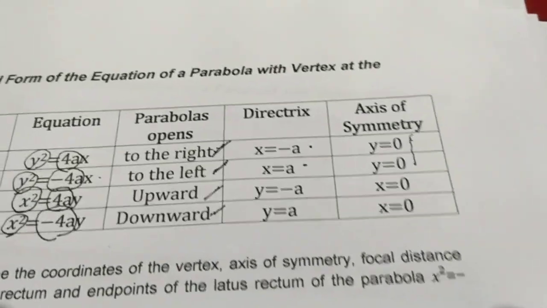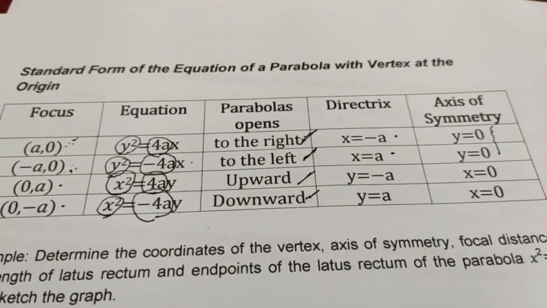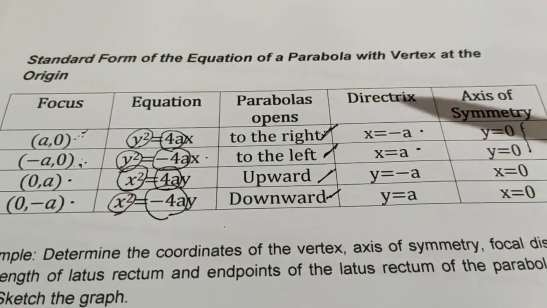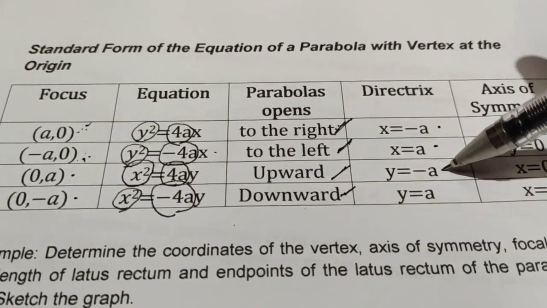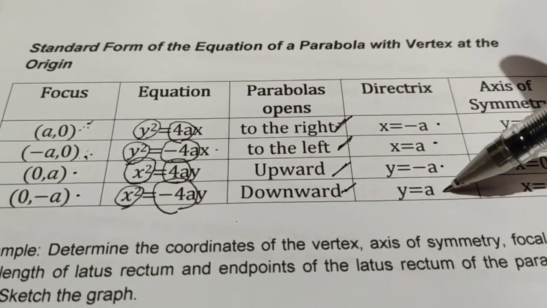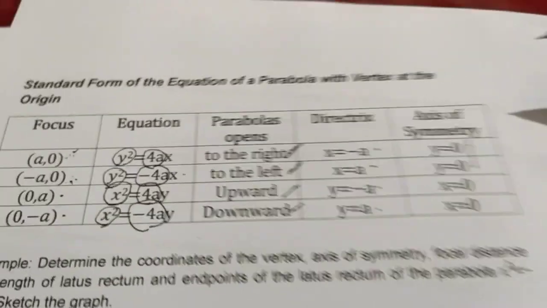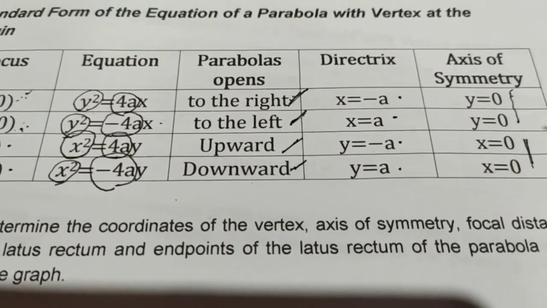While the directrix of the parabola that opens upward or downward is y is equal to negative a for upward and y is equal to a for downward, while the axis of symmetry is x is equal to 0 for both.